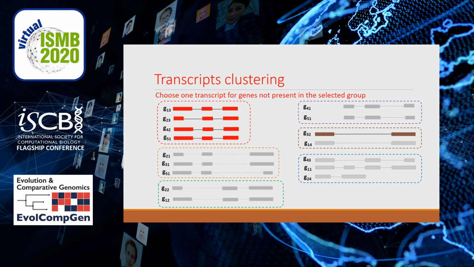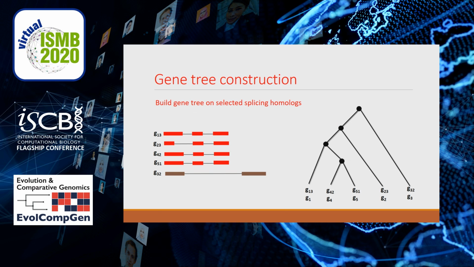Here, for example, the gene G3 is not represented, and we will select the transcript from this gene which is closer to the red group. And finally, we obtain a splicing homolog group on which we will build the gene tree.